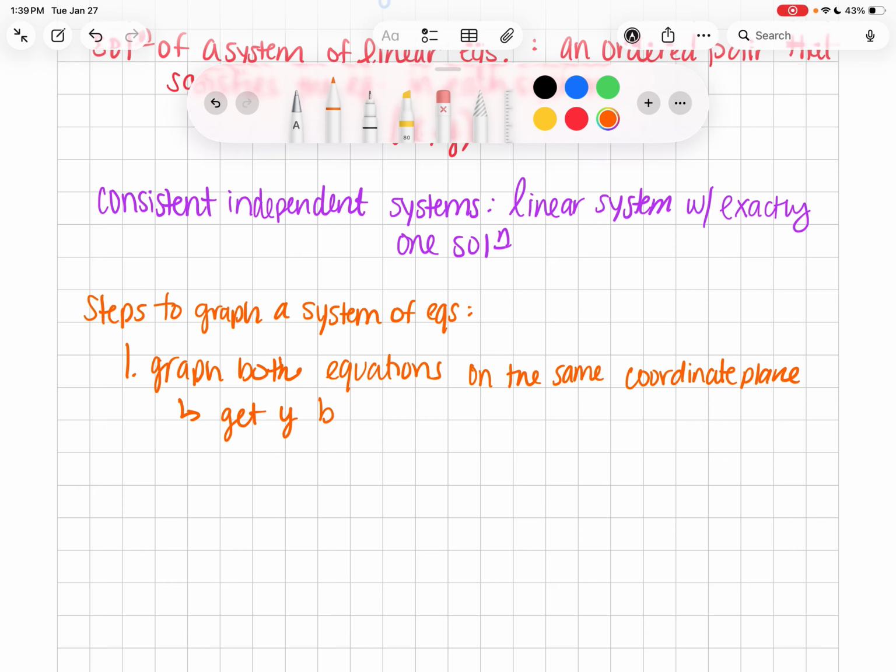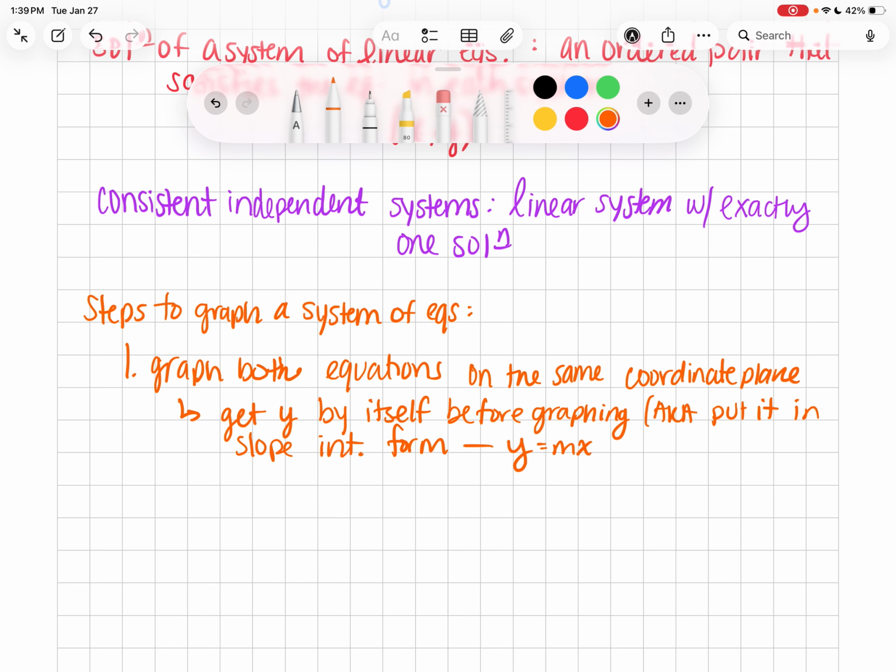Get y by itself before graphing, aka put it in slope-intercept form, which is y equals mx plus b.